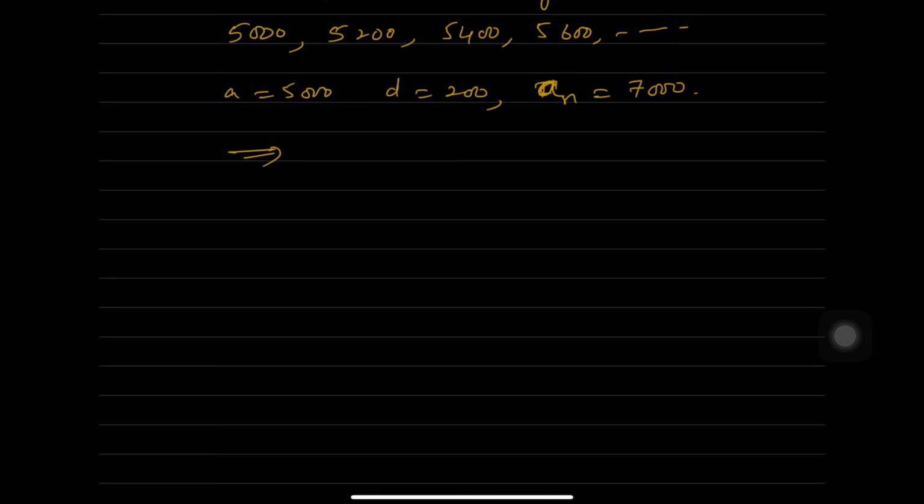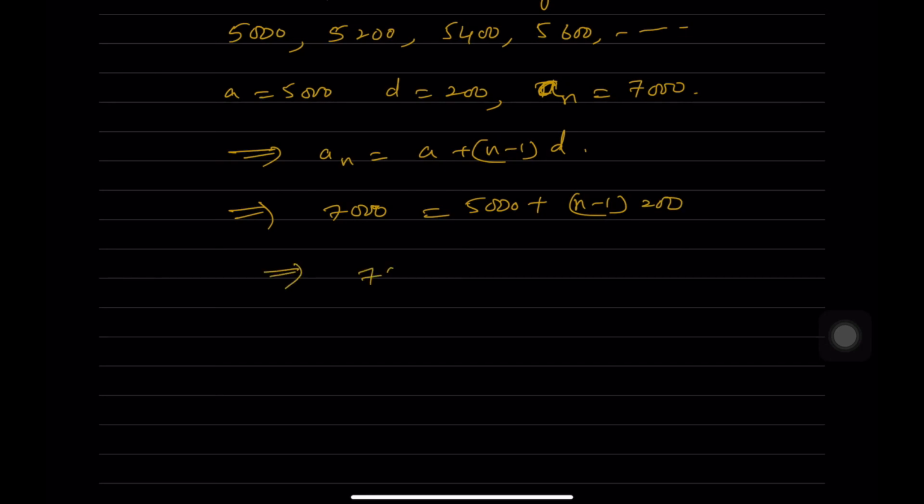So now here An is equal to A plus n minus 1 into D, which implies that 7,000 is equal to 5,000 plus n minus 1 into 200.